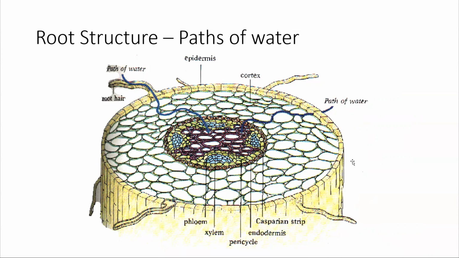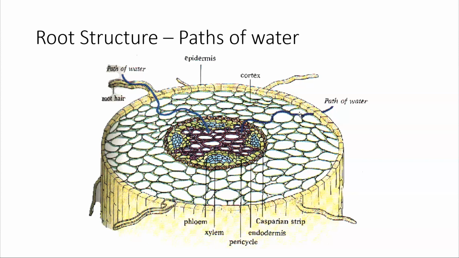Once it's into the root itself, it finds its way to the cortex, and the cortex are sort of like different cells. Those cortexes are essentially there for storage and passage of water.